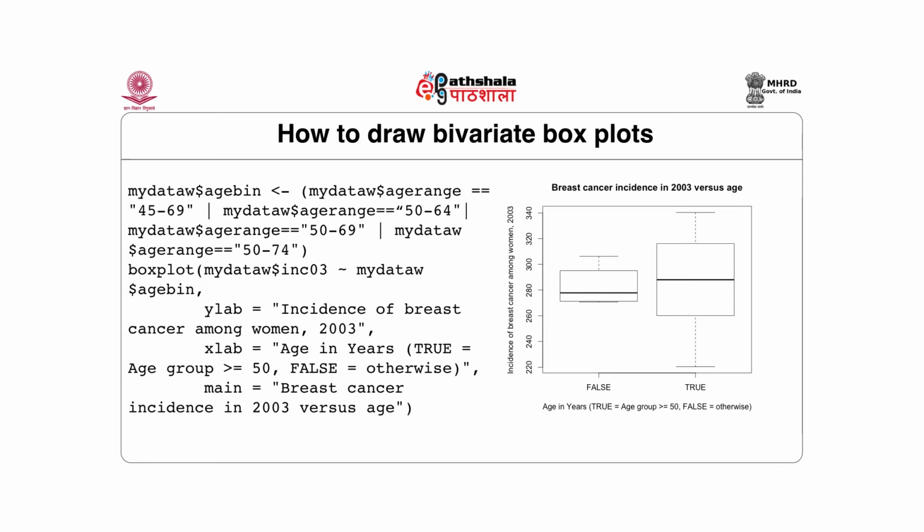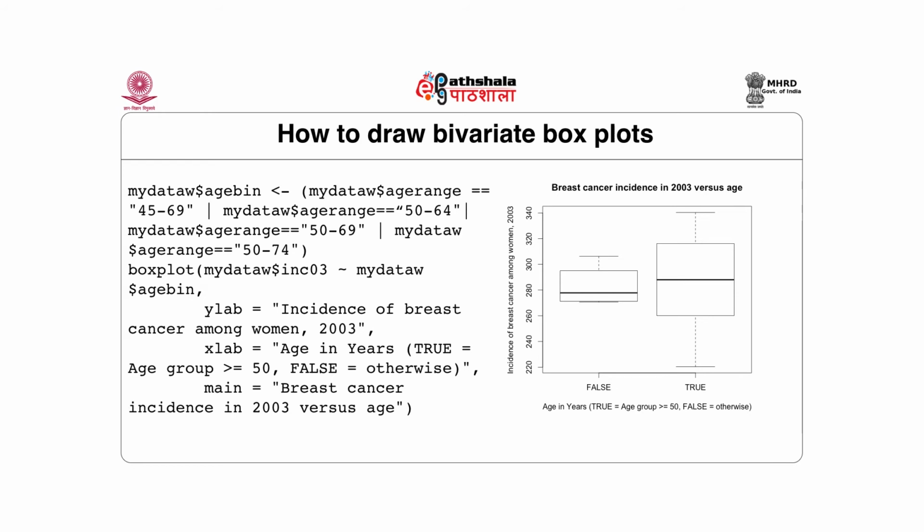But with a bivariate box plot, it becomes quite interesting because you will be able to plot two variables together. So let's take a look at how we can draw a particular bivariate box plot.